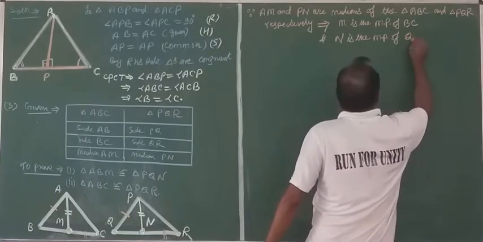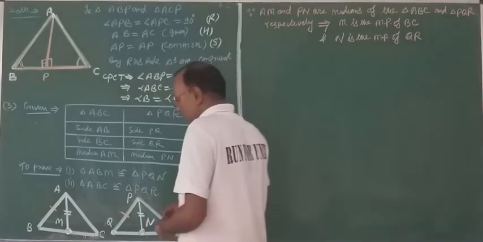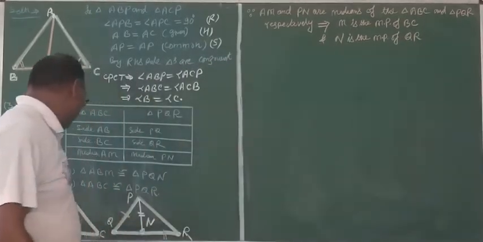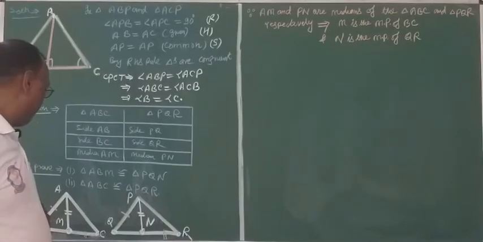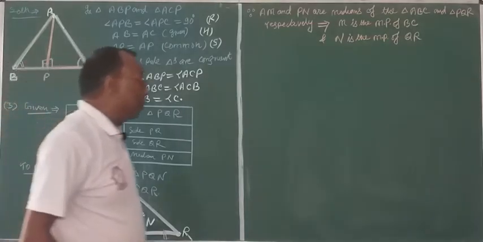QR. Is it okay? These are the midpoints. AM is the median. It means M is the midpoint of this one. It means BM is equal to CM or not?